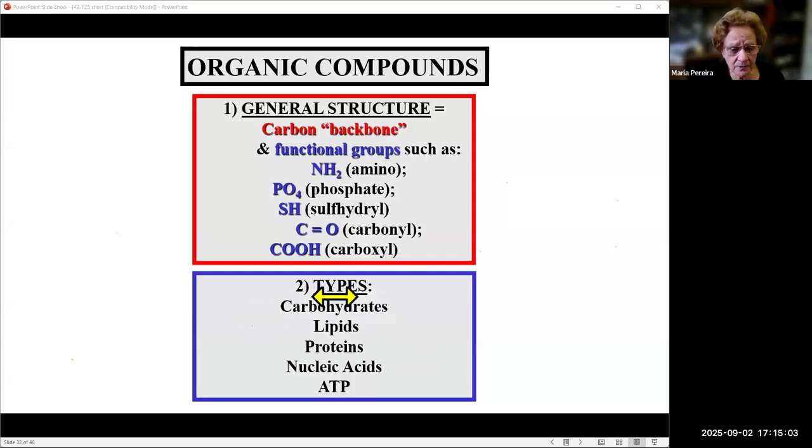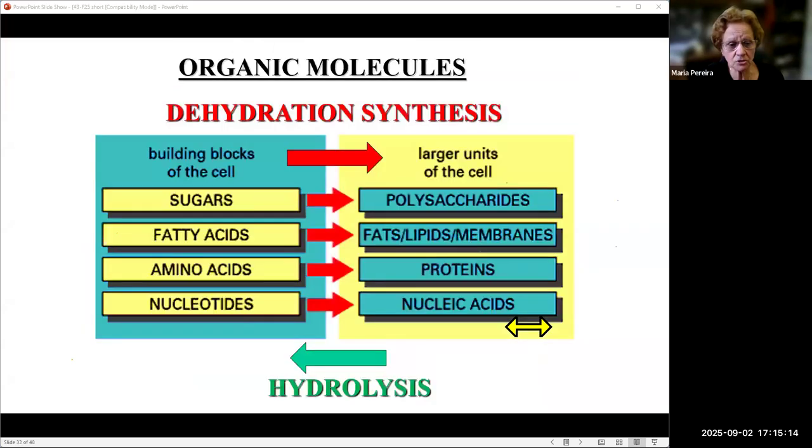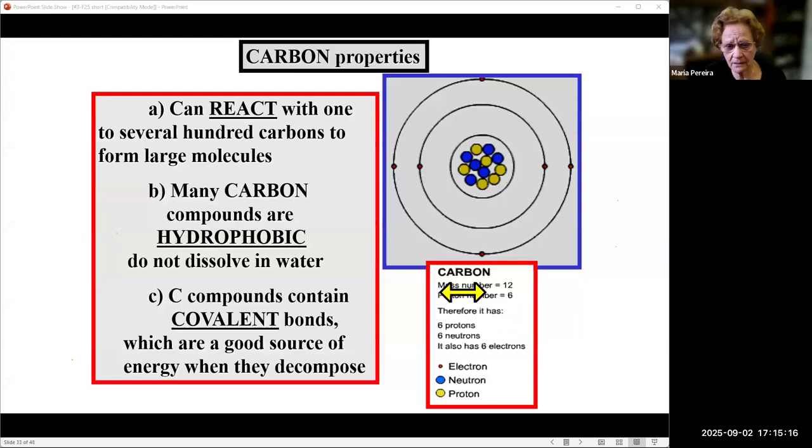So there's 5 types of organic compounds: carbohydrates, lipids, proteins, nucleic acids, and ATP. So I already told you here that the carbon is so important because of the structure of the carbon atom, which only contains 4 electrons in the outer shell.